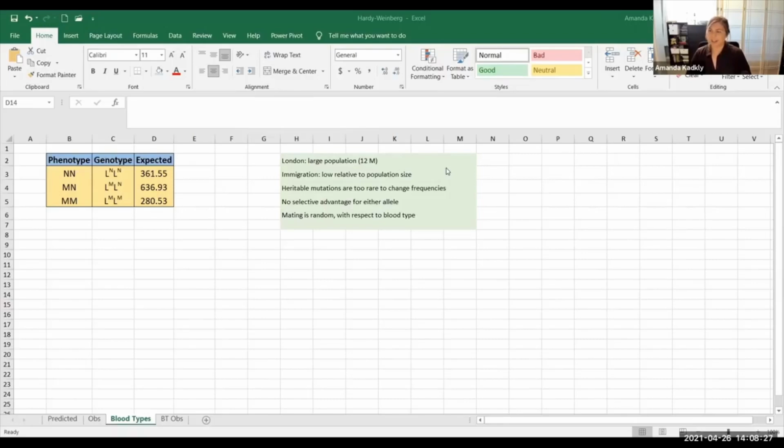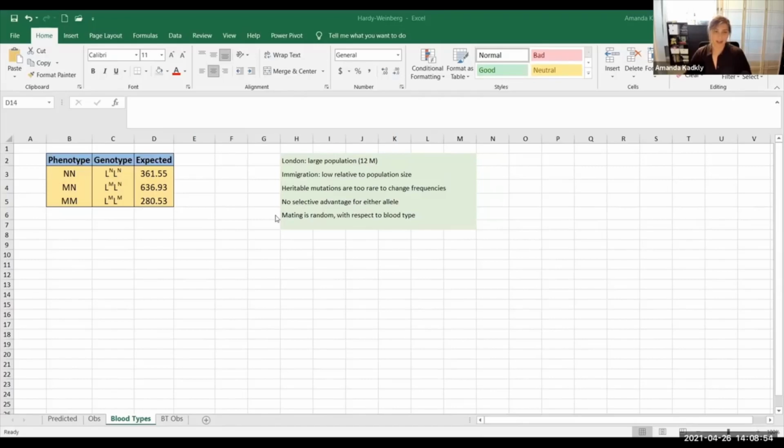There isn't a particular survival advantage for having a certain blood type over another. And mating is pretty random when we're talking about blood types specifically. People aren't generally picking mates for their blood types. Maybe some people might, but for the most part, people are not purposely selecting mates on blood type.